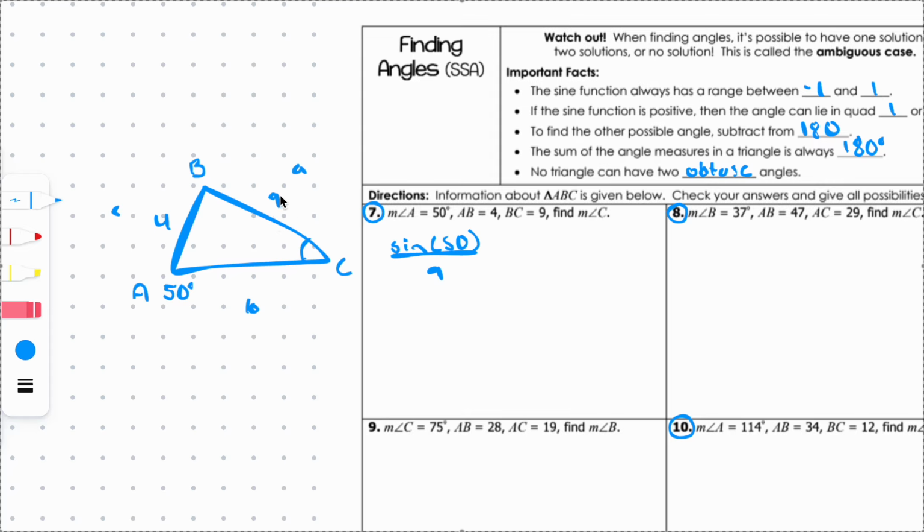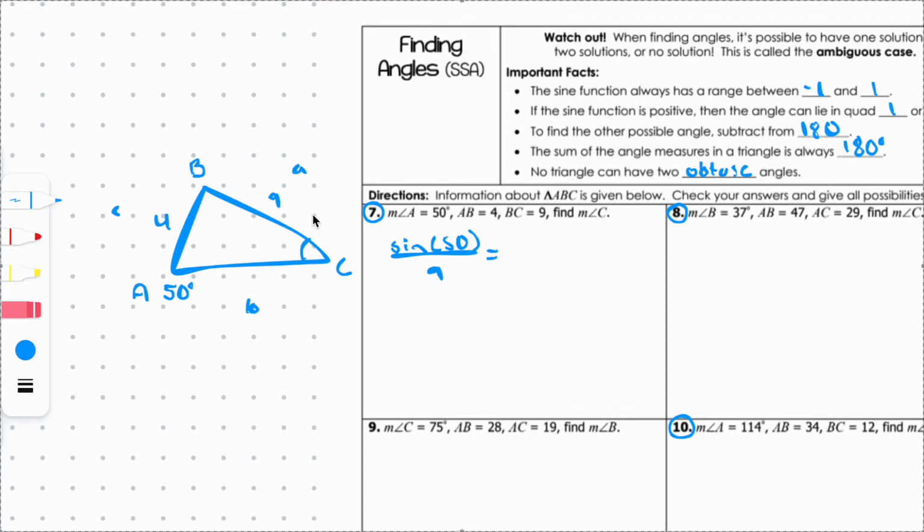Because these are across from one another. And then I also noticed that what we're trying to figure out is the measure of angle C, so we're trying to solve for that angle, and the side length across from that is 4. So notice the side length AB is across from angle C.